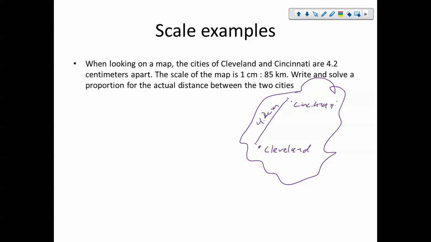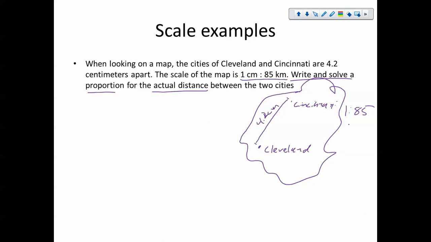Now, the scale of this map is 1 centimeter equals 85 kilometers. So this is a 1 to 85 map, meaning that every centimeter we travel, in real life, it's 85 kilometers. So what we want to do is write and solve a proportion for the actual distance between the two cities. Setting up this proportion is fairly easy, right?